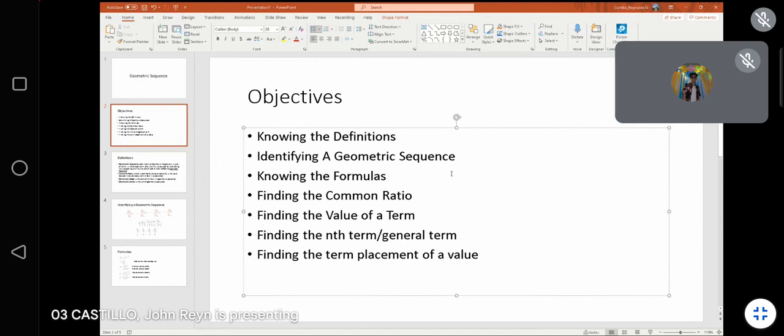So we have to find what is the number of n, which is the term placement value. Any questions so far?